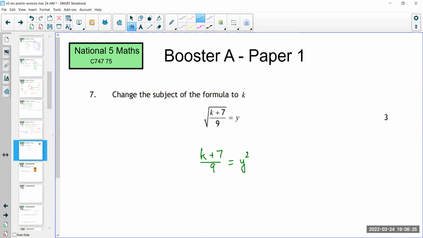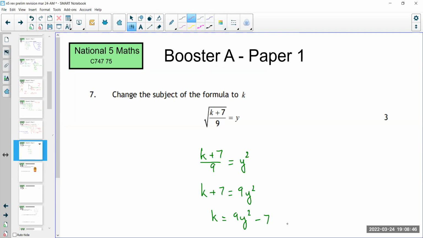Now get rid of the fraction by timesing by 9 both sides. You get k + 7 = 9y². And now taking away the 7 from both sides, you get k = 9y² - 7. And that's you, done.